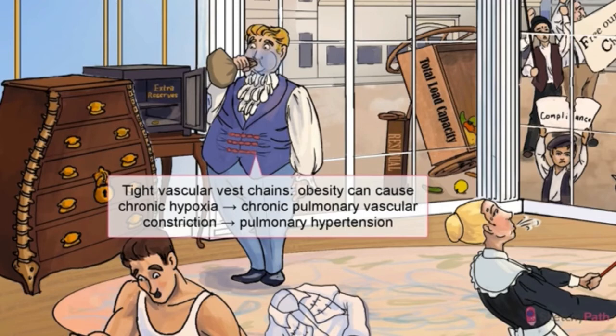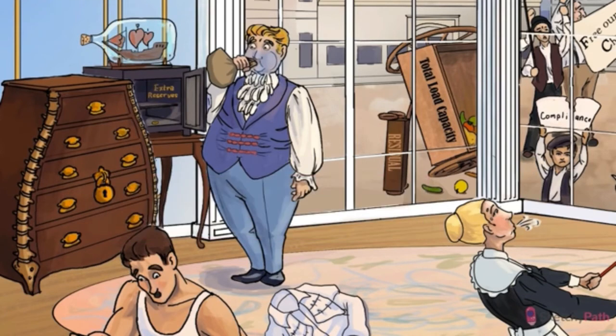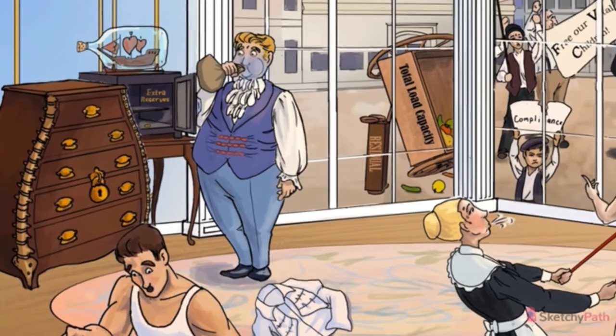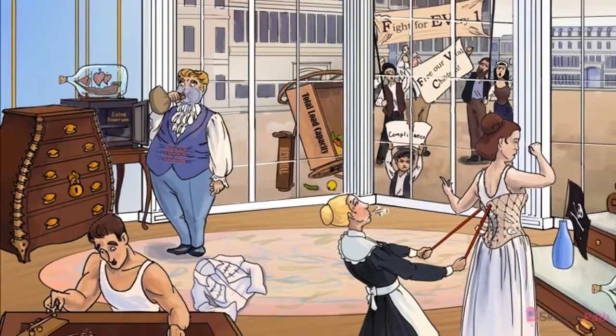When this vasoconstriction persists, it will inevitably lead to irreversible vascular remodeling and pulmonary hypertension. Again, all this tension is felt by the right heart, eventually leading to right heart failure. Yep, as you well know, anytime a lung pathology causes right heart failure, that's cor pulmonale, putting a cork on your heart.